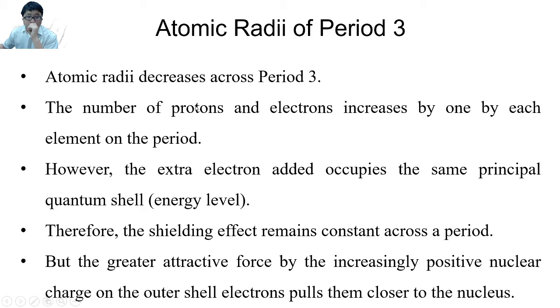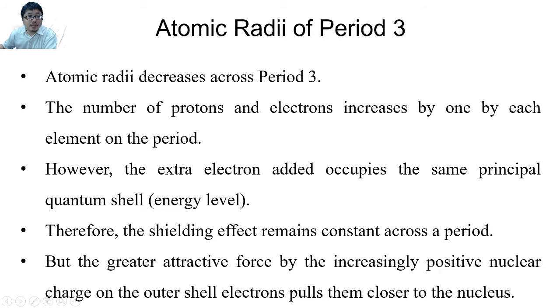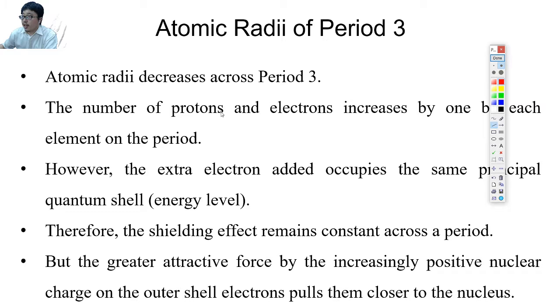Atomic radius becomes smaller and smaller because first, the number of protons and electrons increases across the period.